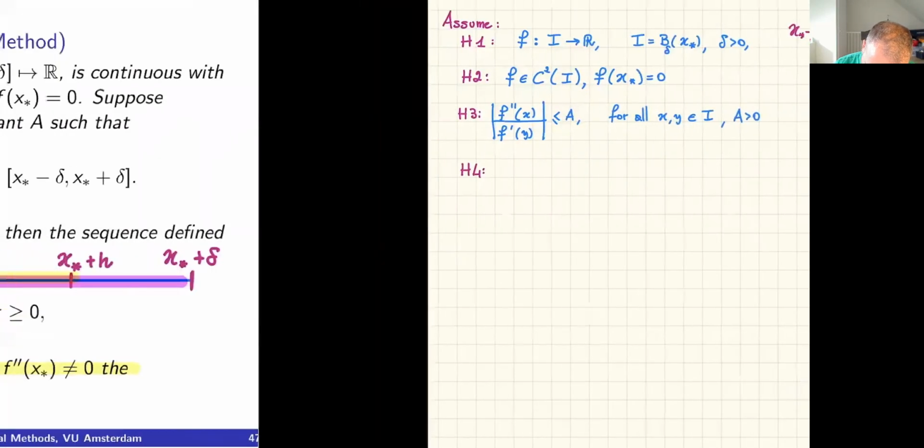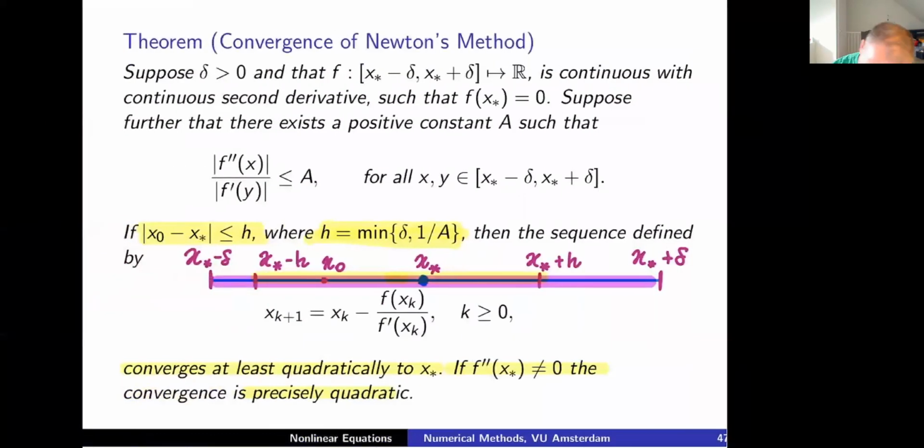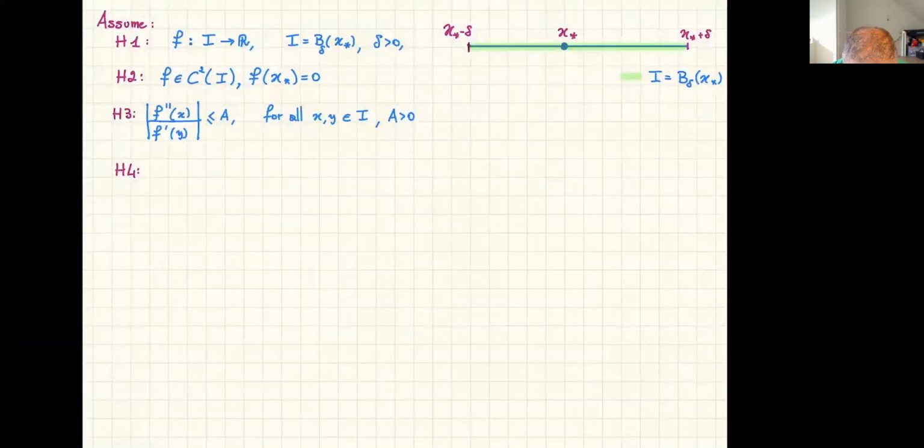I should mention that, by the way, I forgot at the beginning that this statement, and I think also the proof, are contained in a book by Suli and Meyer that I'm going to link in the description below. So let me just rewrite hypothesis 4. Effectively you start from an initial guess that is in a new interval that I'm going to call I sub h.